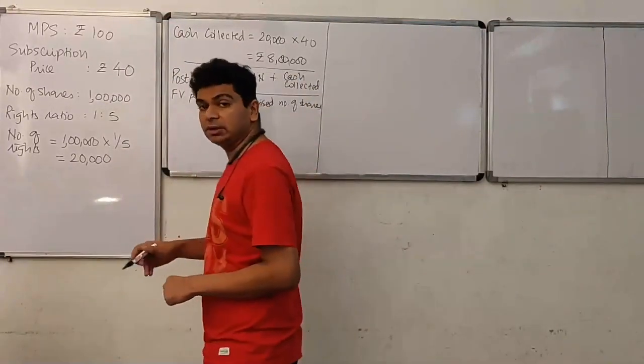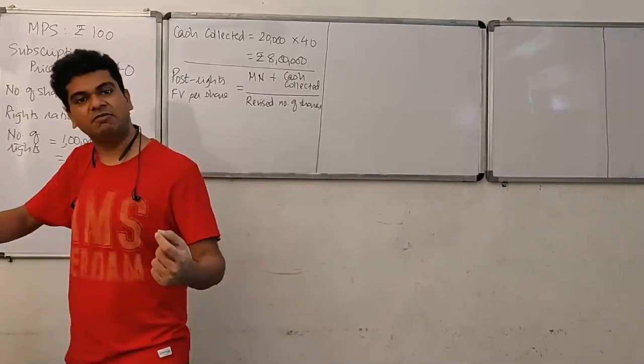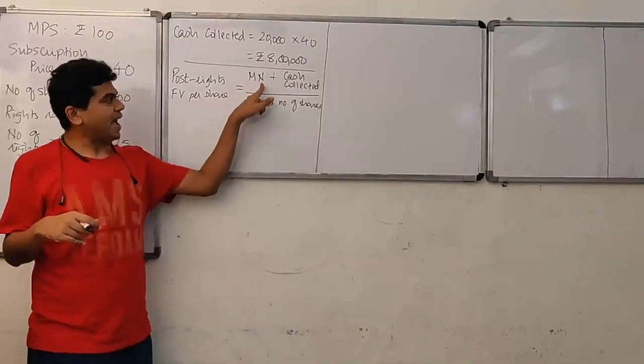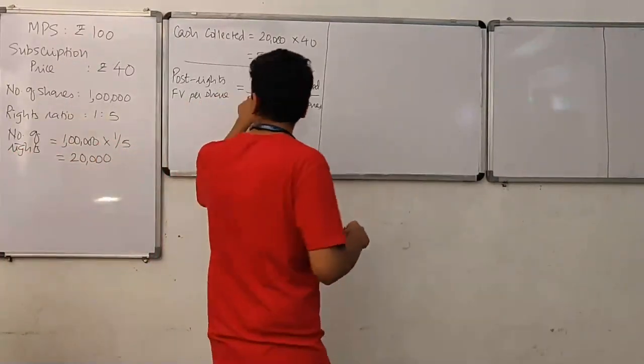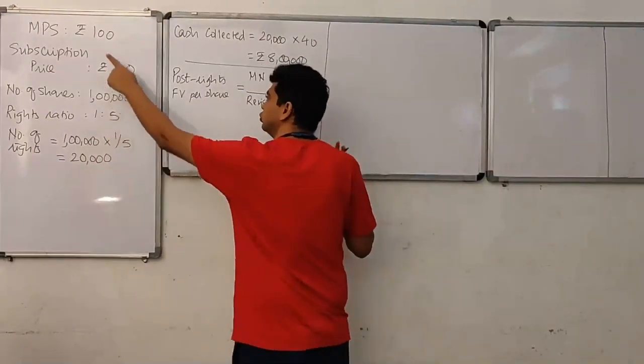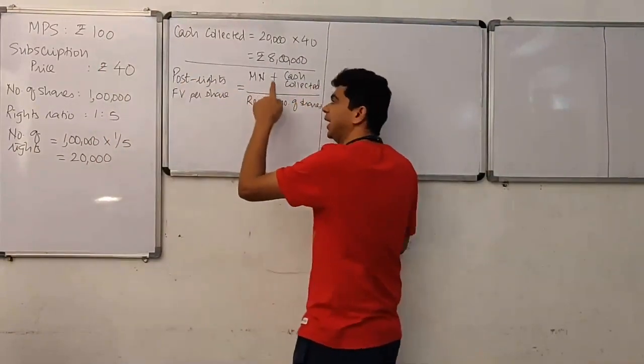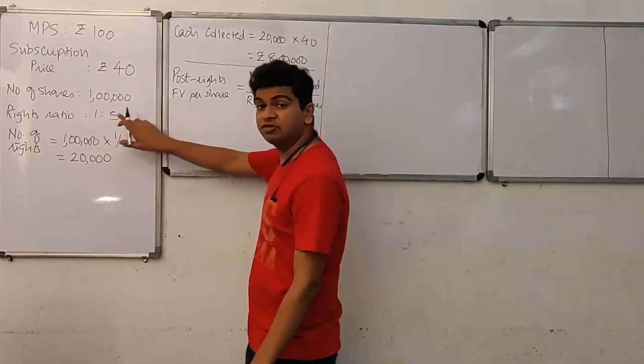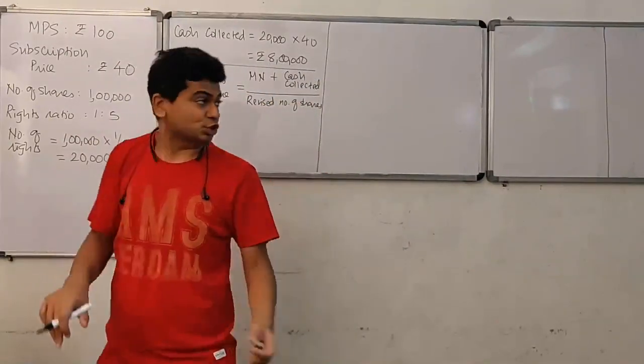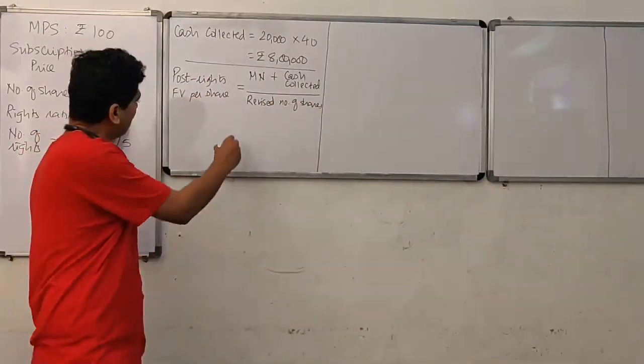This is what will give me the post rights expected fair value. What is M and N? M is the market price before the rights issue, which in our case is 100. N is the number of shares before the rights issue, which in our example is 1 lakh.